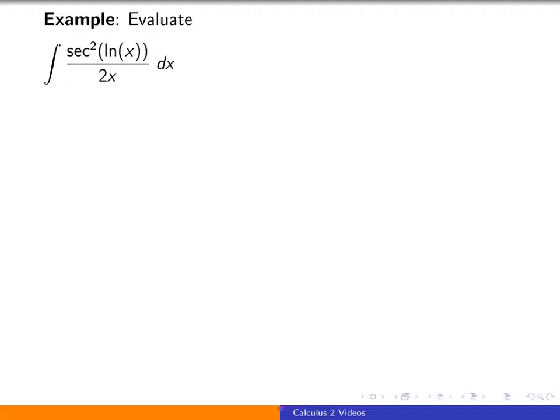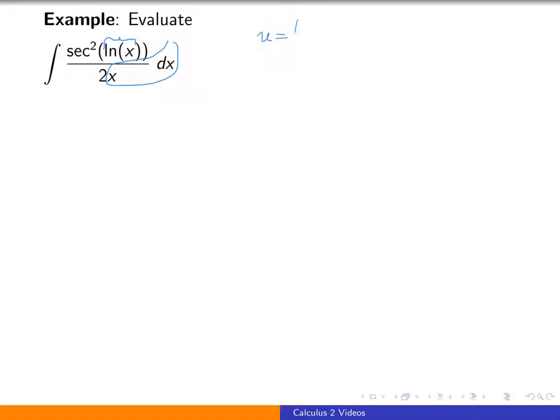To begin, let's evaluate the integral given here. The key observation that I'm going to make is that seeing this ln of x inside another function and its derivative appearing outside of it is a giveaway that we might want to consider a substitution.